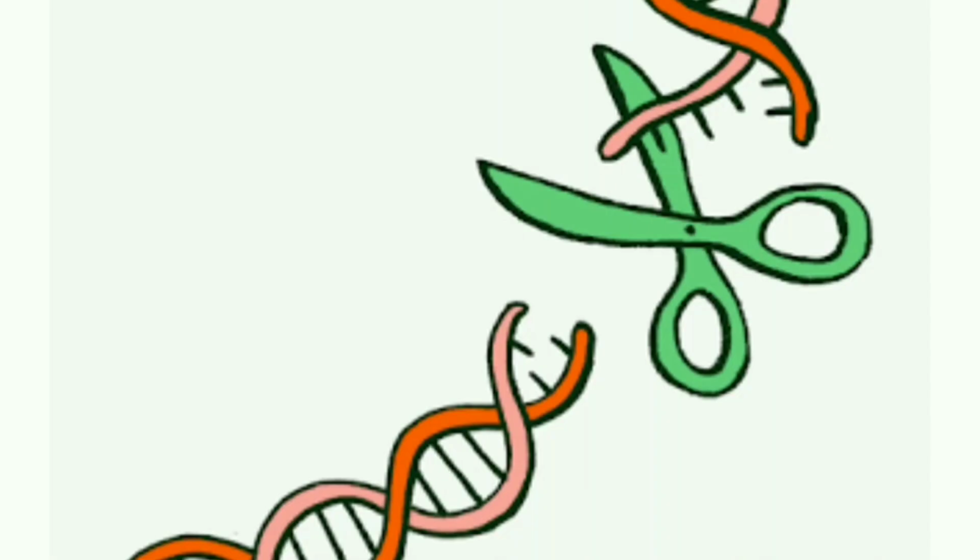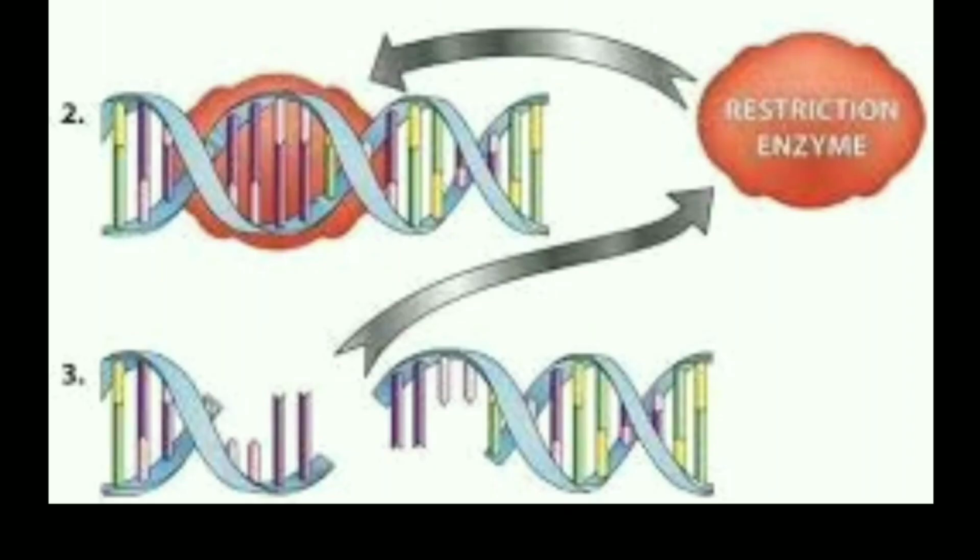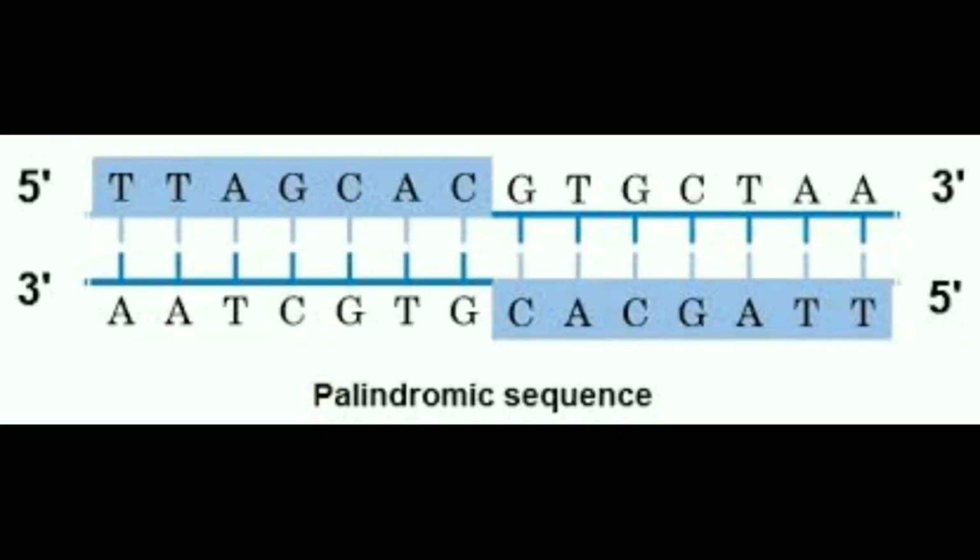So step 2 in recombinant DNA technology is cutting of the DNA. It is cut using molecular scissors. A restriction enzyme comes to a DNA and cuts the DNA at a specific site. This diagram shows a palindromic sequence.